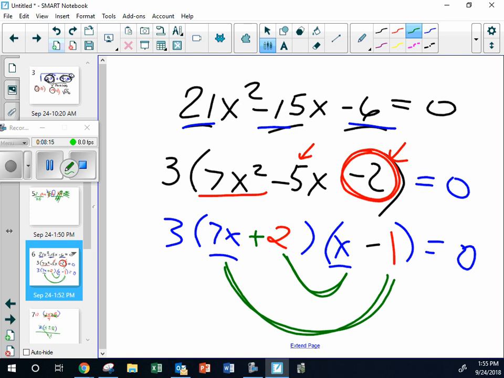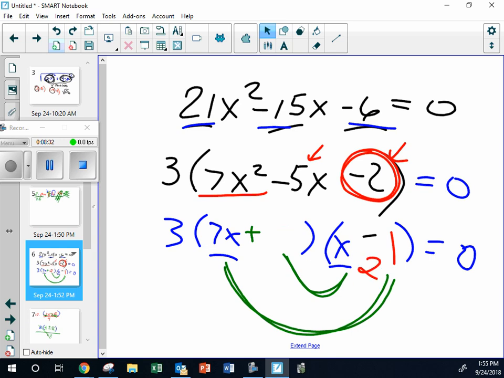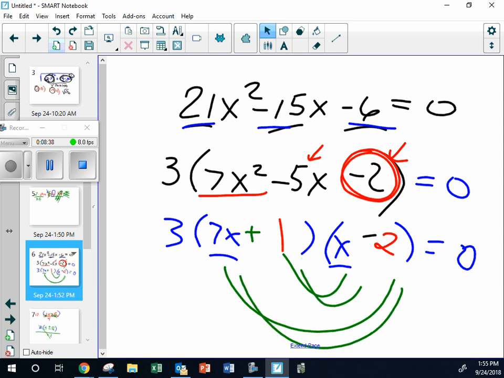Do you get that if I would have had this backwards, I would have had +5x, which is not what I wanted? I'm trying to get -5x here. And then if I get the opposite sign, I switch the signs around. Do you get, I also got lucky on this 2 and the 1. If I'd have put them here and here, it would not have worked. Why? Because I'd have gotten -14x for the outside and 1x for the inside, and 14 and a 1 certainly don't make 5.